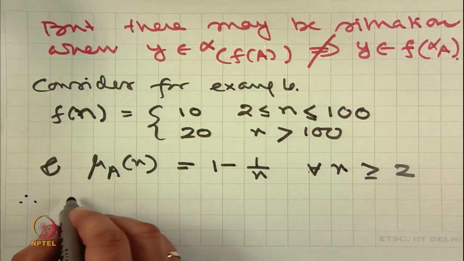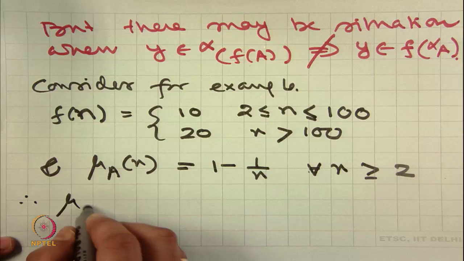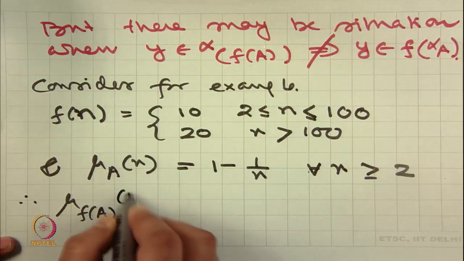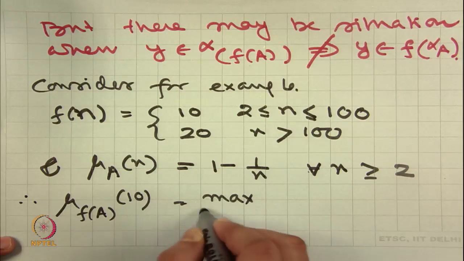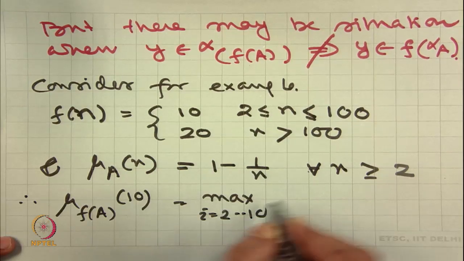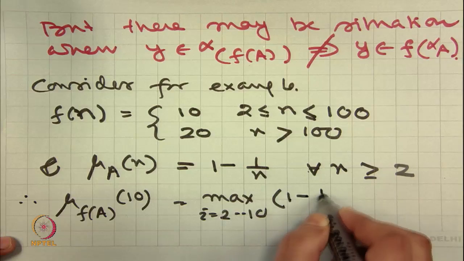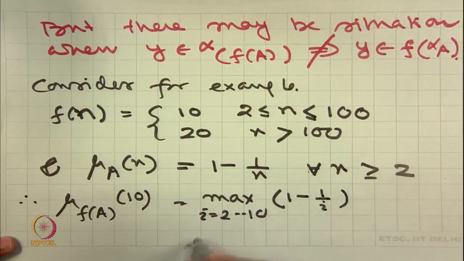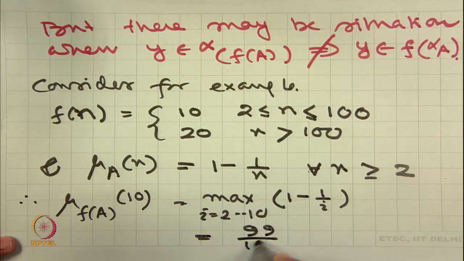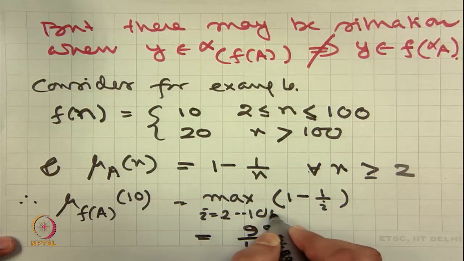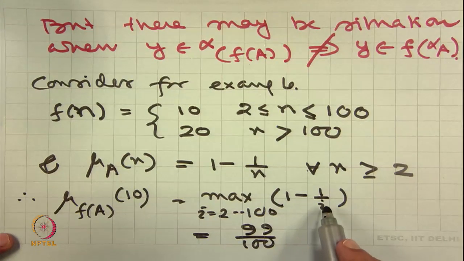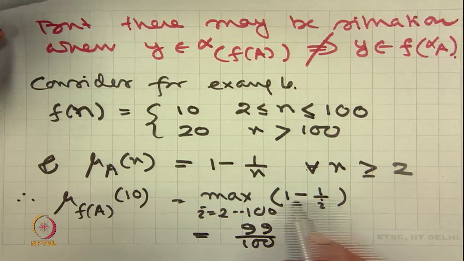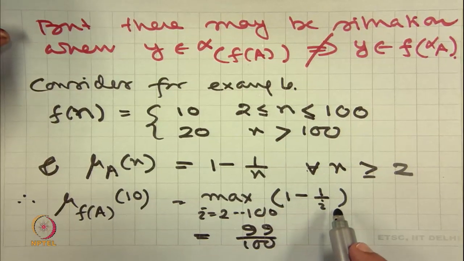Therefore, mu f(A) of 10 is equal to maximum over i equal to 2 to 100 of 1 minus 1 upon i, because this is maximum when i is maximum, that is 1 minus 1 upon 100.